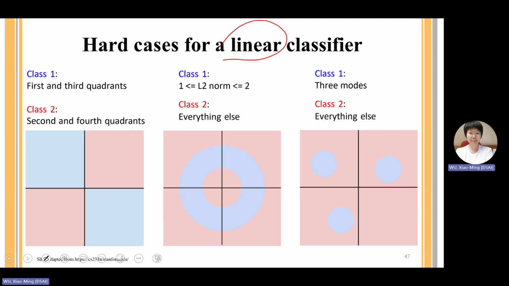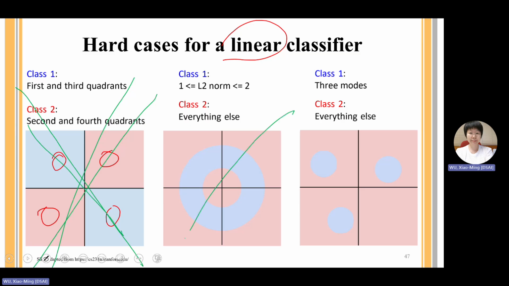For example, if you have two classes, a blue class and a red class, with data distributed in this way, can you separate the blue class from the red class using a linear classifier?